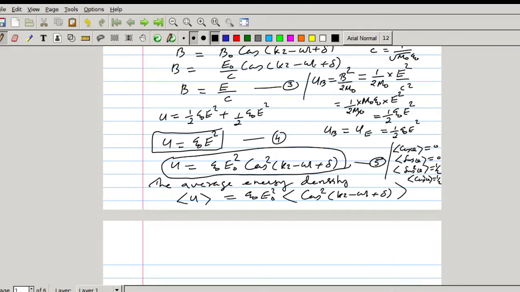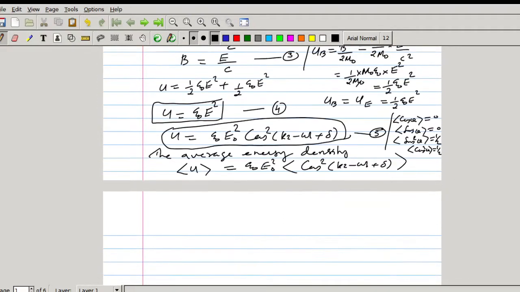You can take the average, integral cos square theta d theta. You take the average over a complete cycle 0 to 2 pi. Then by average you can take integral 0 to 2 pi cos square theta d theta by 2 pi. Total angle is 2 pi. So when you calculate that, you will have cos square theta average is 1 by 2.